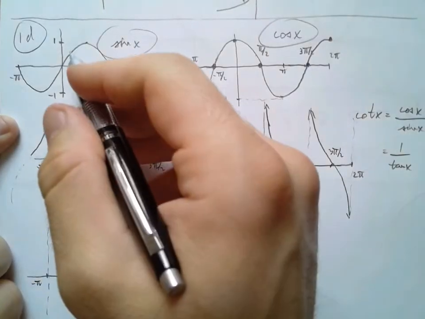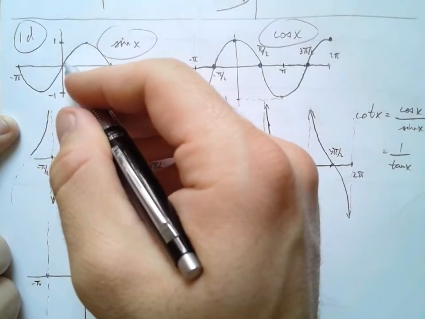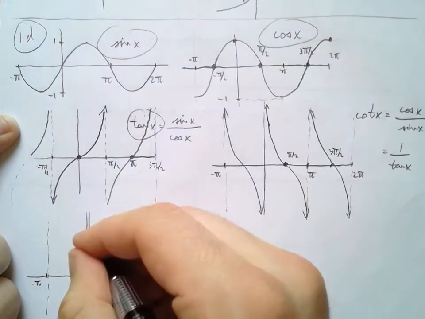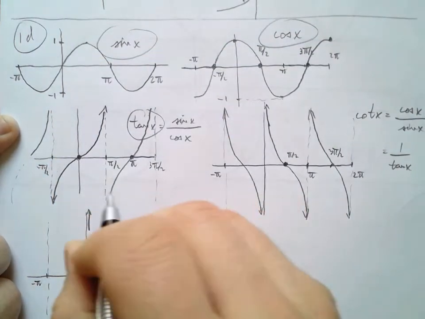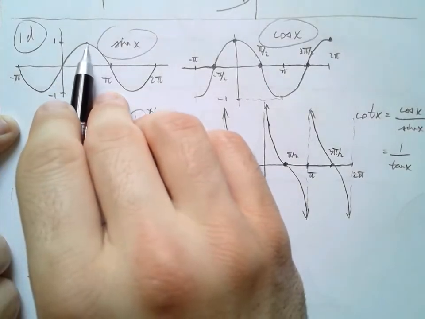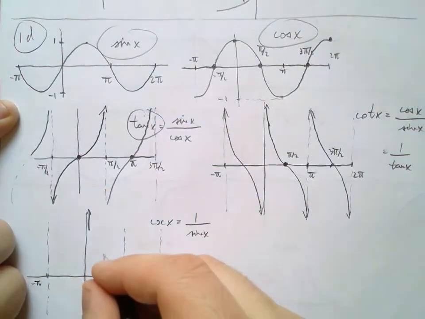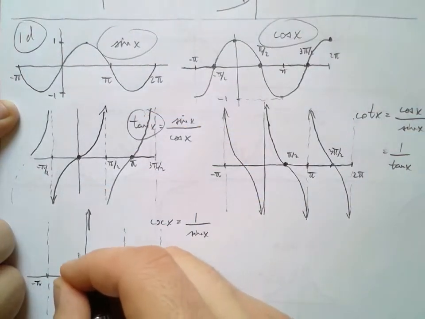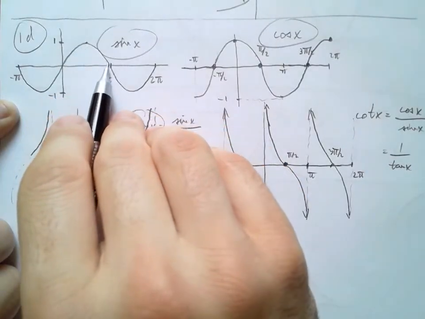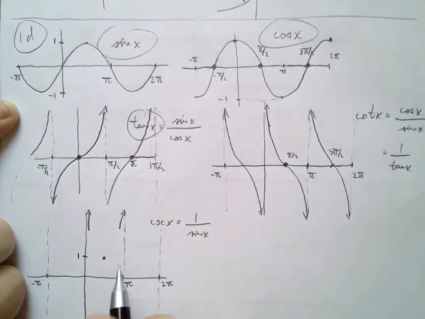Of course, as I approach 0 from the positive side, I'm dividing by 0, so I shoot off to plus infinity, just like that. Now sine of pi over 2 is 1. Cosecant of pi over 2, that means it's 1 over 1, so that's also 1 here. And as I approach pi from the positive side, again I shoot off to plus infinity, like that.